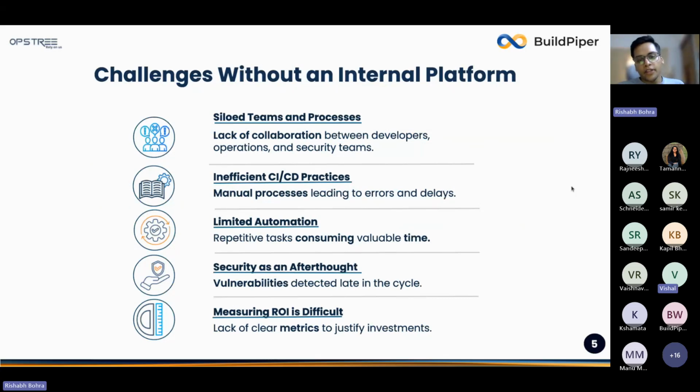So here we are first going to discuss the challenges without an internal developer platform. If we are just used to using Jenkins for CI and CD processes, and we are also using a different set of tools, essentially we are locked into the tooling burst that you have.